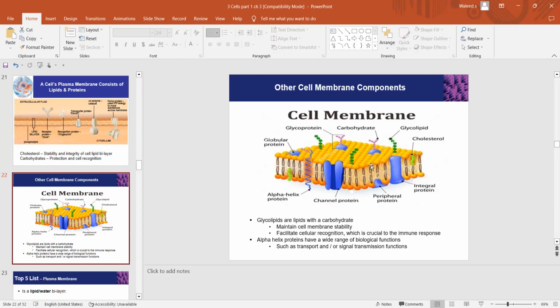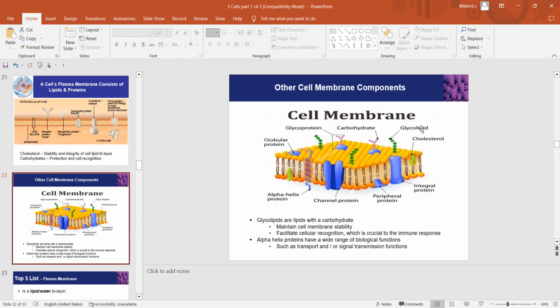What's glyco? Glyco is a prefix for glucose or carbohydrate. Glyco, carbohydrate. I know that I'm giving you a lot of information. You have to know it. Watch the video again, study it, and put together the prefixes and suffixes that I'm giving you. Here is one prefix and suffix. Glycolipid. What's glyco?